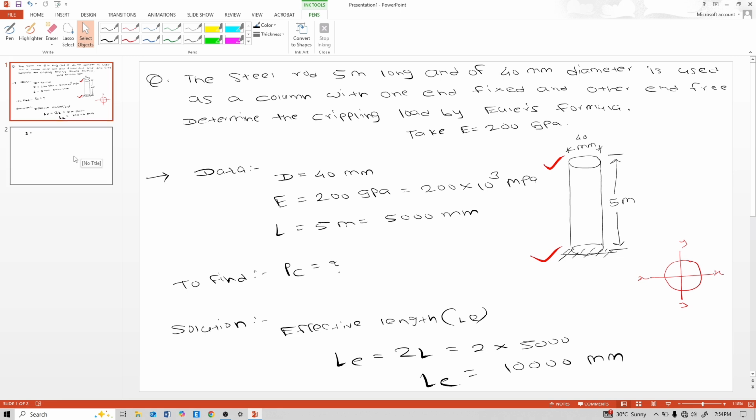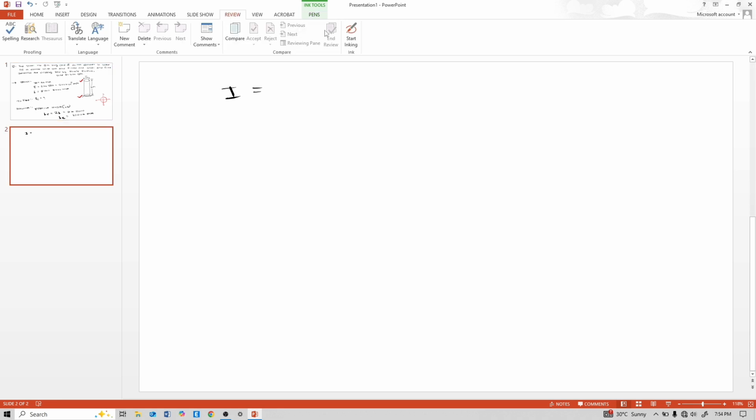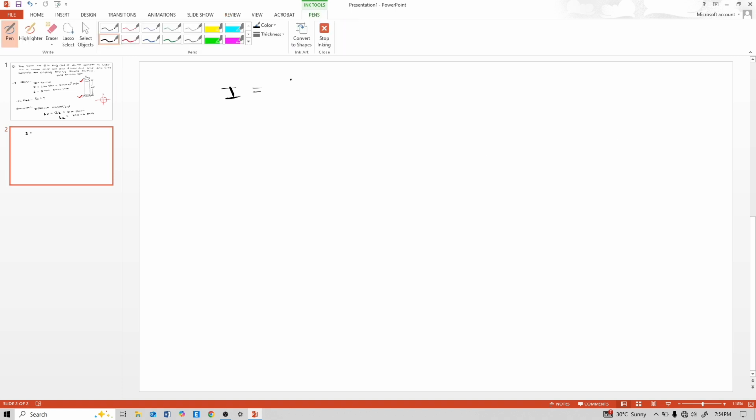The moment of inertia for circular shape is pi d raised to 4 by 64, where d is 40 mm. So pi into 40 raised to 4 divided by 64 is 125663.70, and the moment of inertia unit is mm raised to 4.